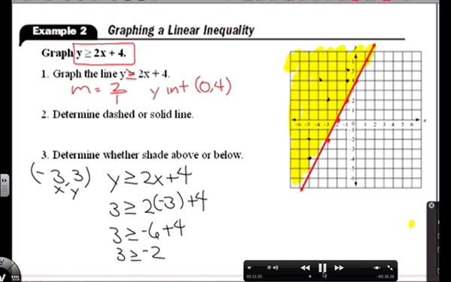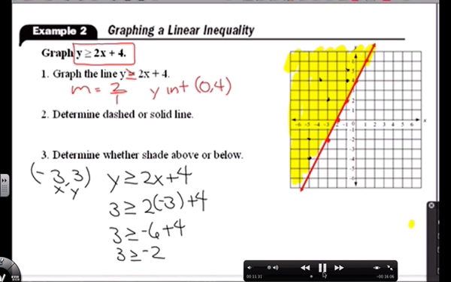This is your solution. And what this tells me is that the points on the line and the points on this side of the line, above the line, all could be substituted for x and y and make this a true statement. So, when we determine whether you should shade above or below, you just choose a random pair?